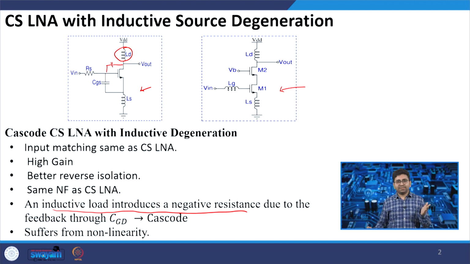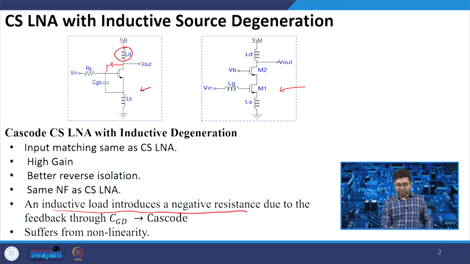As we discussed in stability, we do not want a negative resistance in our amplifier. That is why, in order to remove that negative resistance, we can use a cascode. This is a cascode structure, where we use another transistor with common gate.